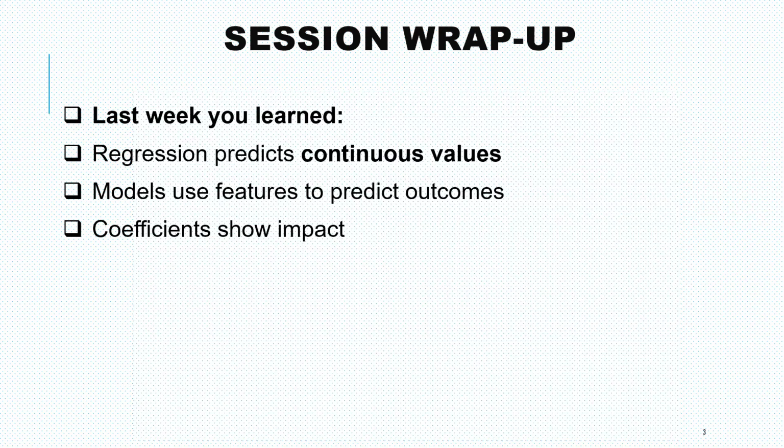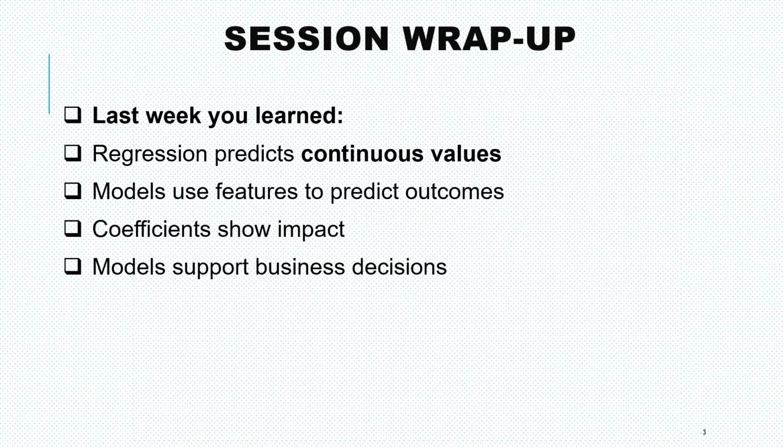So whatever figure the discount is, we multiply it by the 20, and the 20 becomes the coefficient. We also learned that models support business decisions. For instance, the one we just finished solving by predicting 2017, 2018. It will tell you that going into the future, this is how much sales we are expecting. And that should influence the decisions you have to take going into the new year.